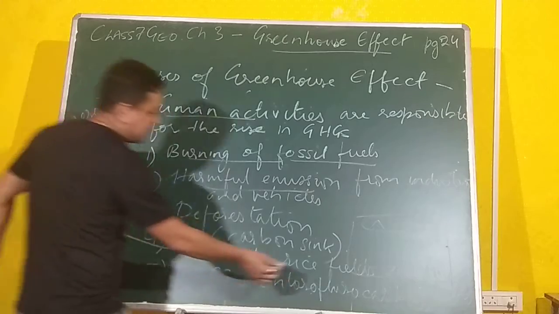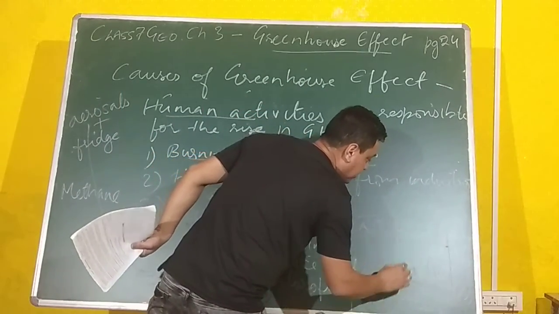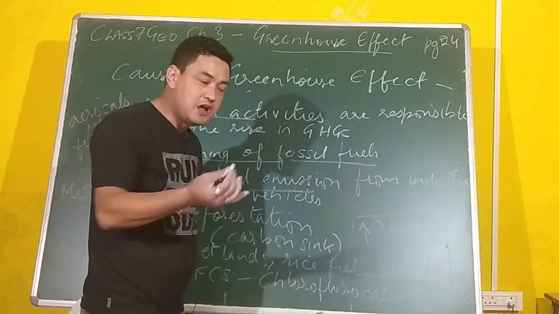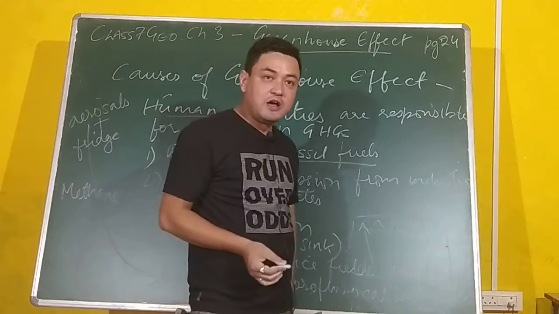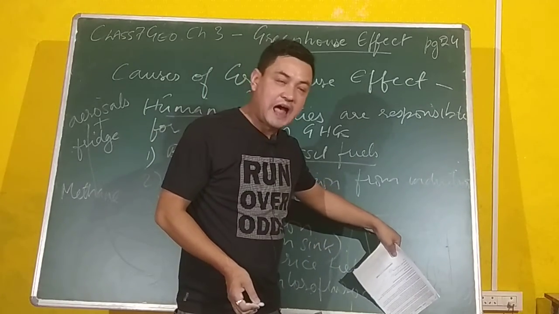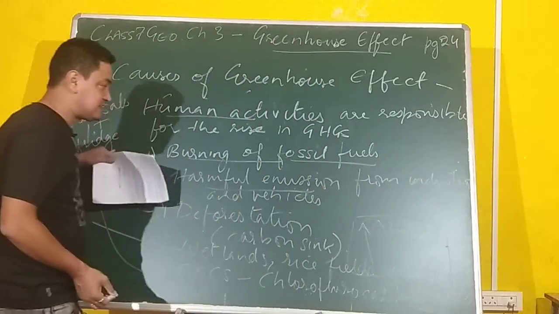When they rise in the atmosphere, they remain in the atmosphere for 10 years. Remember, 10 years is a pretty long time. And in this 10 years, it might cause more effect than the carbon dioxide level in the atmosphere. So it is a more dangerous gas.